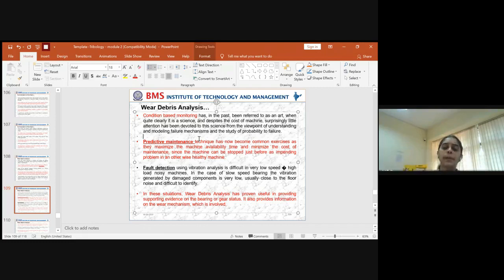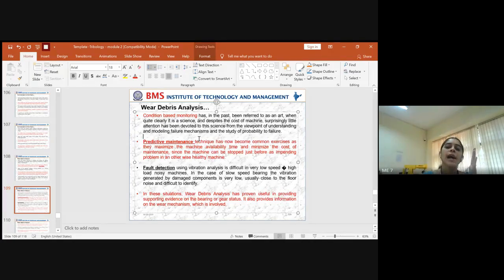Many people have written many papers and articles related to wear analysis also, where they check the wear which creeps in between the two mechanical components. They check, when you have two components of the same material, whether wear is coming in or not. If it is coming, that wear is due to which type of failure mechanism.